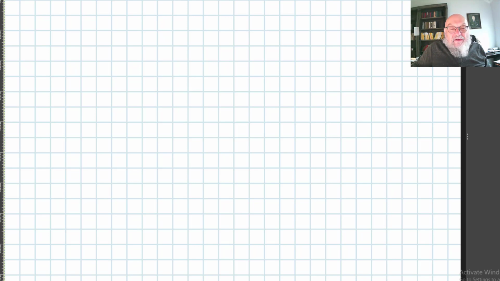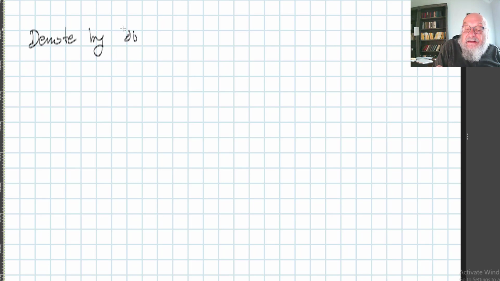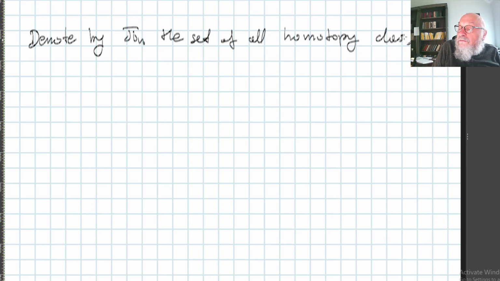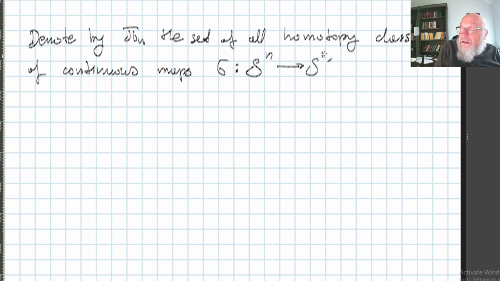Let's denote by pi n the set of all homotopy classes of continuous maps sigma that go from Sn to Sn, and here of course we assume that n is larger or equal to 1.